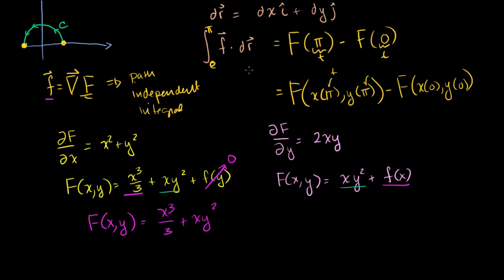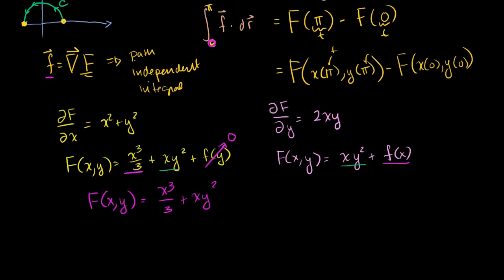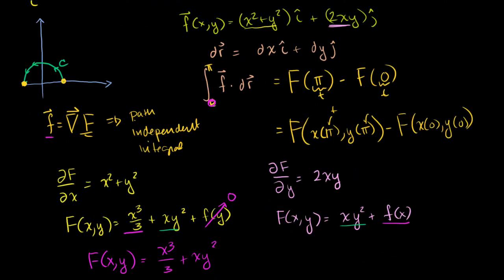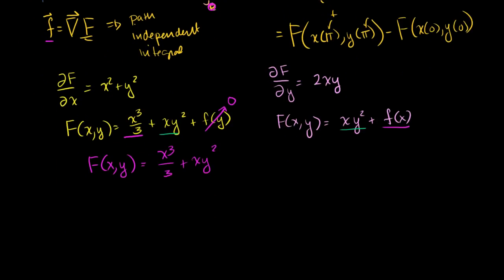And so to solve our integral, we just have to figure out x of pi, y of pi, x of 0, y of 0, evaluate it at both points, and then subtract the two. So let's do that. So x was cosine of t, y is sine of t. Let me rewrite it down here. So x is equal to cosine of t, y is equal to sine of t.